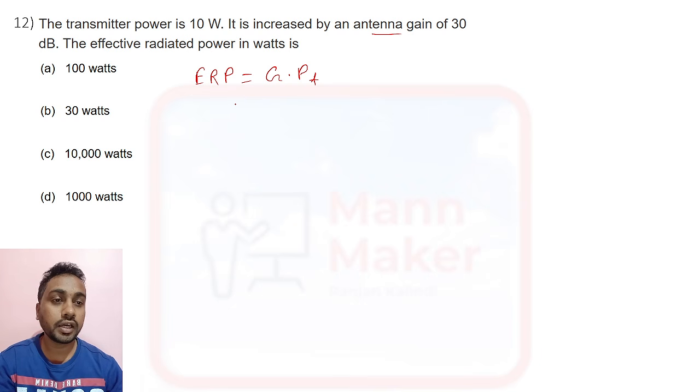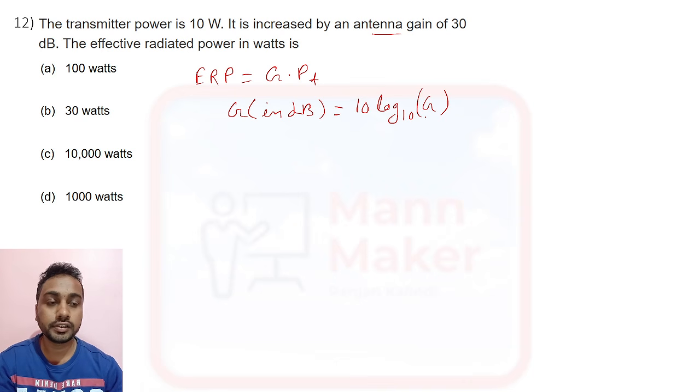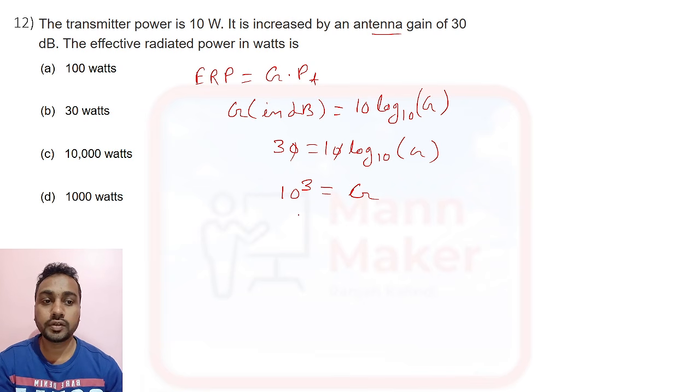So generally gain in dB is equal to 10 log base 10 of G. Okay. So here we know 30 equals 10 log10 G, and this 10 cancels. Now if you do anti-log, then you can write 10 to the power 3 equals G, or G equals 1000.